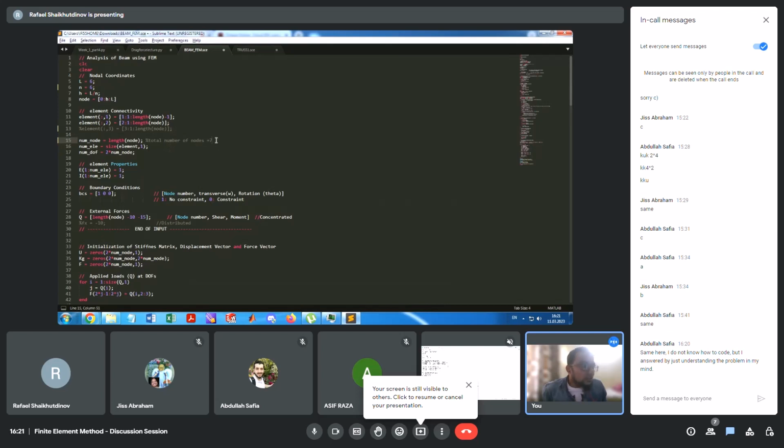Now the 16th line is the number of elements. This is size of element comma 1.